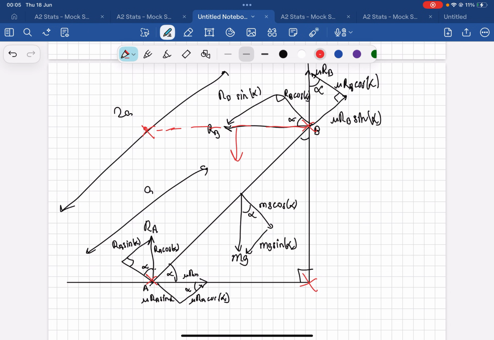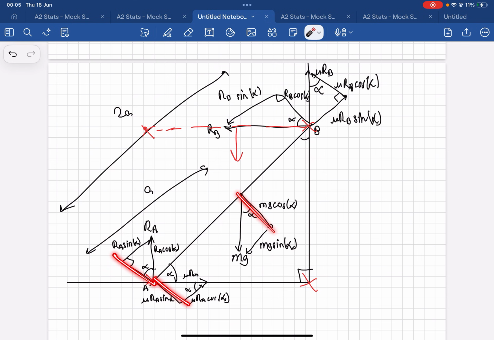And the other way we can find forces is by resolving vertically and horizontally, even perpendicular and parallel to the slope. So we can go like here, here, here, here, or we can go vertically up, or we can go parallel to there, and there. All easy stuff.